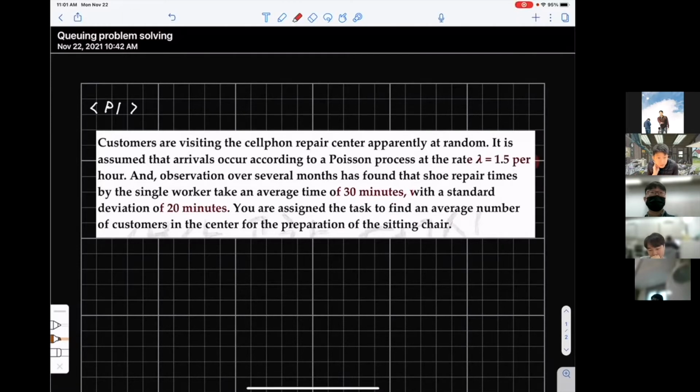Now we have to find the average number of customers in this repair center for the decision making about how many chairs have to be prepared so that all of the customers can sit on them.